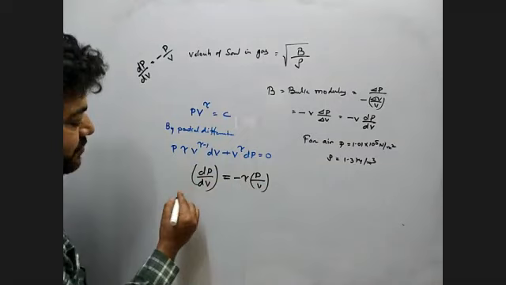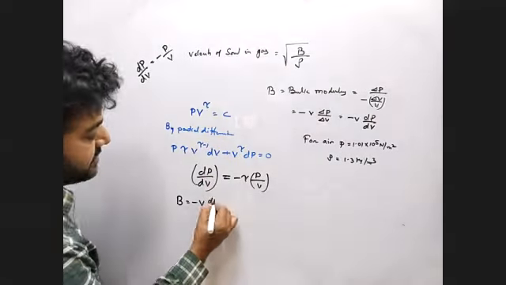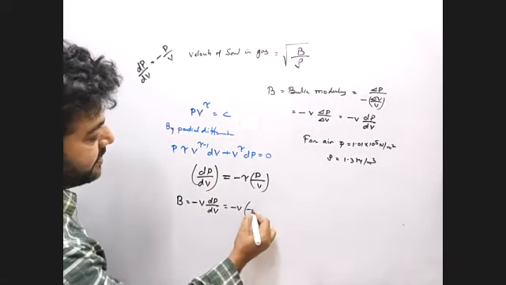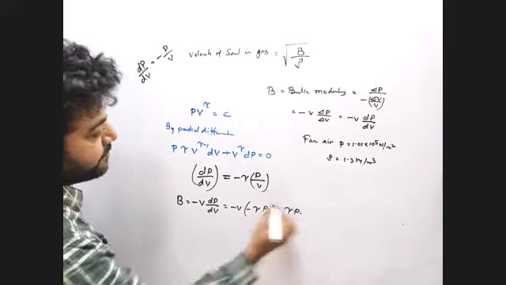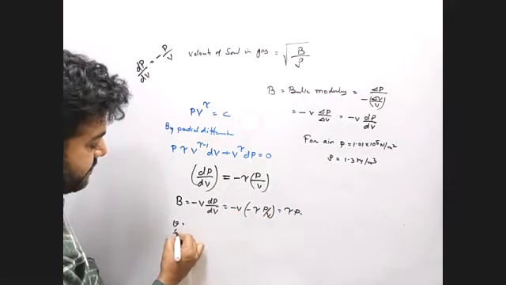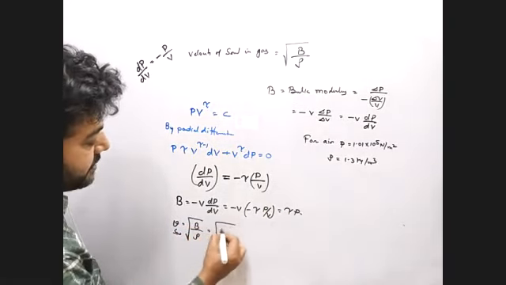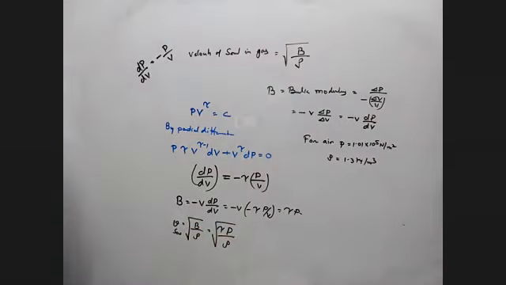So bulk modulus is minus V dP by dV, which gives gamma P. So velocity of sound is root of bulk modulus by rho, that is root of gamma P by rho. Is it clear?